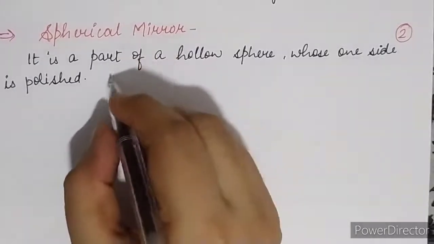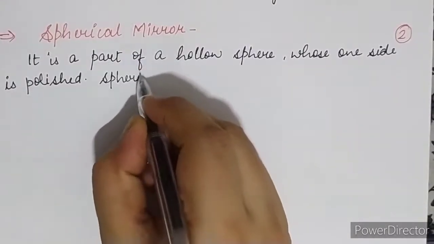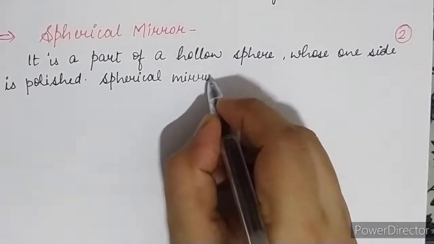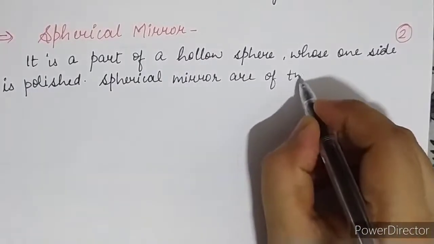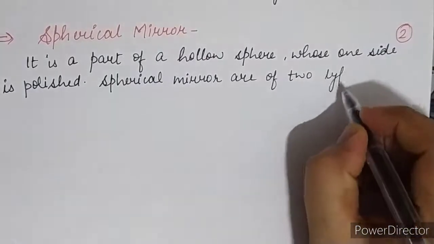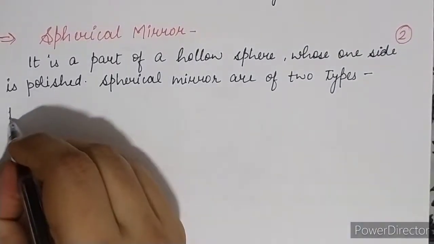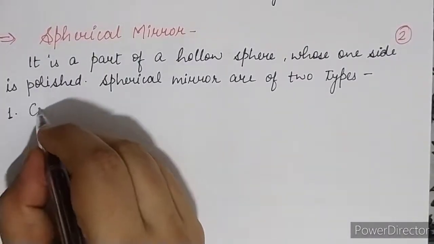So spherical mirrors are of two types. First one is the concave mirror.